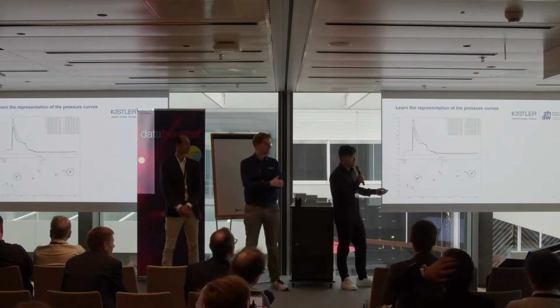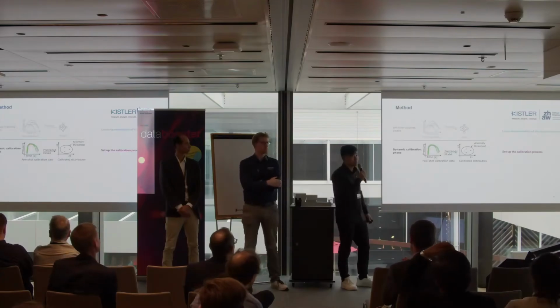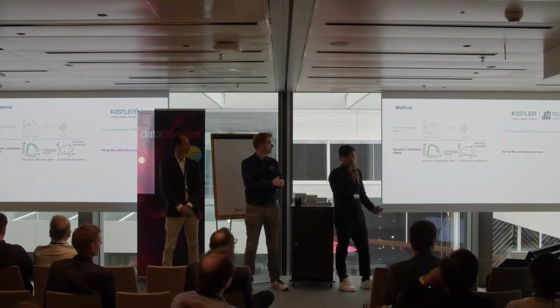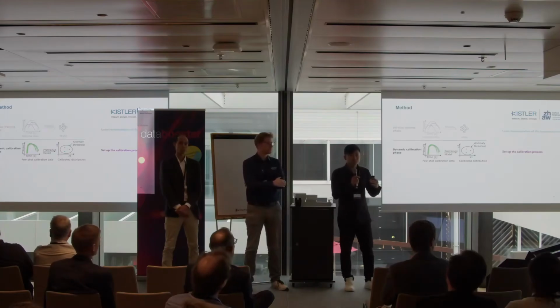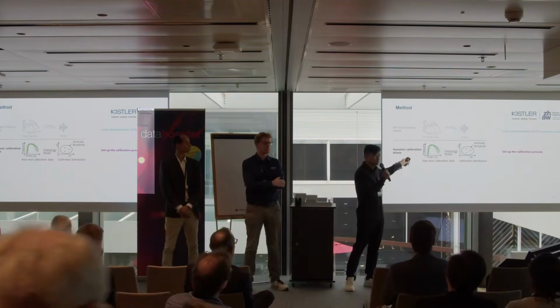And after we learned general features, we move to the calibration process. In the calibration process, the idea is that after the operator sets the correct machine parameters and the production process is stable, we get the features from this normal data.